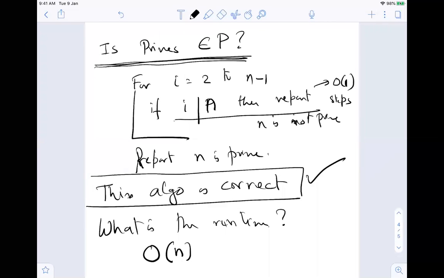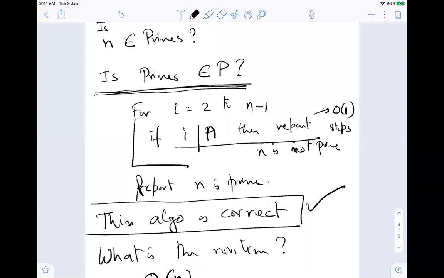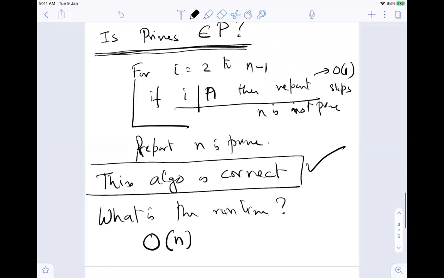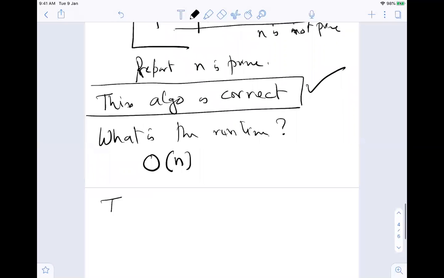But is this polynomial? Is this algorithm polynomial? It's exponential. Why is it exponential? Size of input is log n. Exactly. What is the input size?